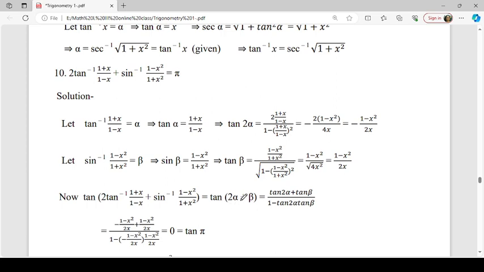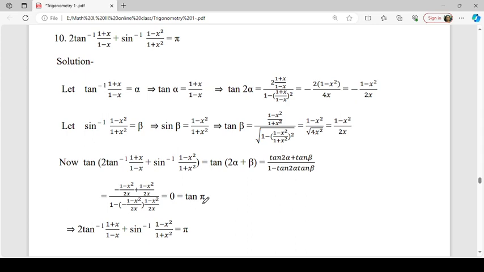So tan twice alpha plus tan twice beta: this we are writing as alpha, this as beta, so tan twice alpha plus tan twice beta by 1 minus tan twice alpha tan beta. Then this tan twice alpha is this value, and tan beta is this value, so we apply this formula, and ultimately we get this as 0, and this 0 means tan pi.